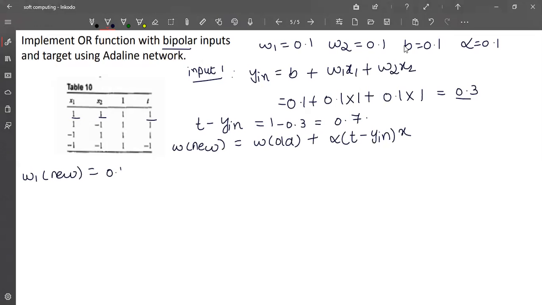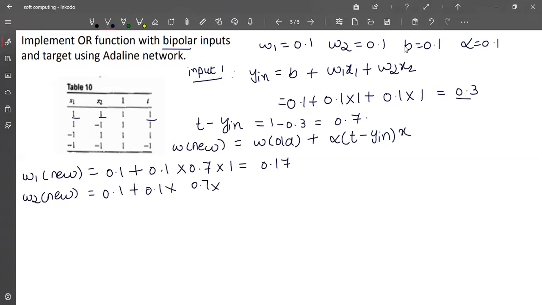The old W1 is 0.1 plus alpha 0.1 into t minus y, we got 0.7, and x1 is 1. So for this we will get 0.07, so 0.17. Now find new W2. Old W2 is 0.1 plus alpha 0.1 into t minus y 0.7 into x2 is 1, so 0.17.